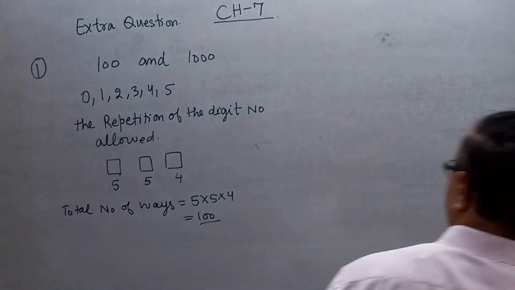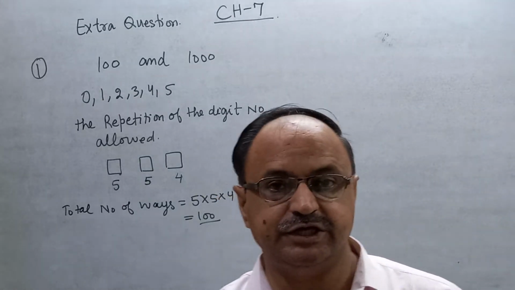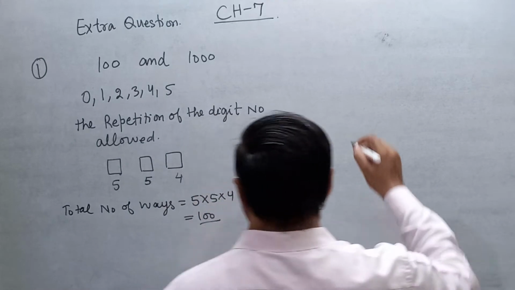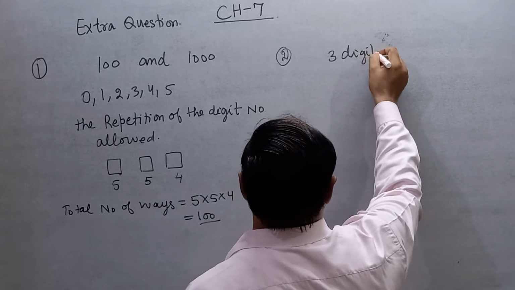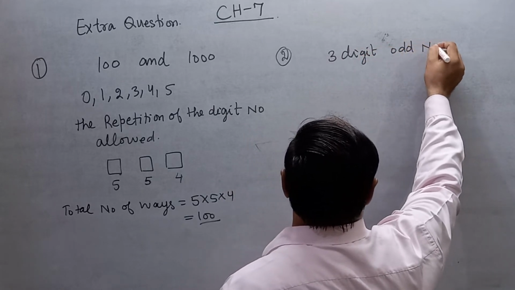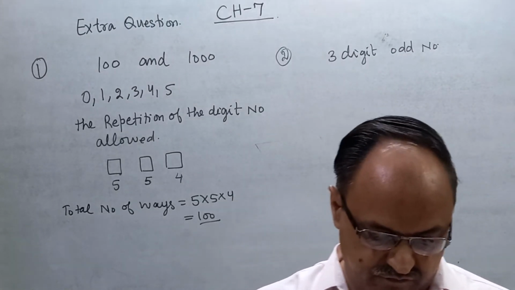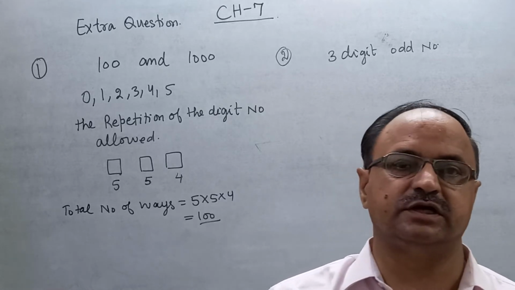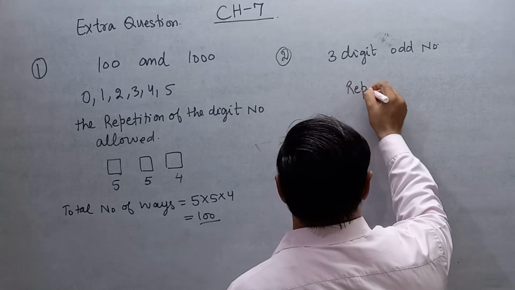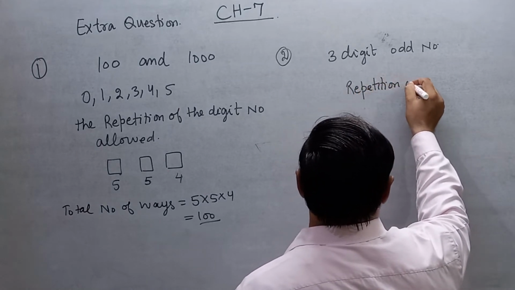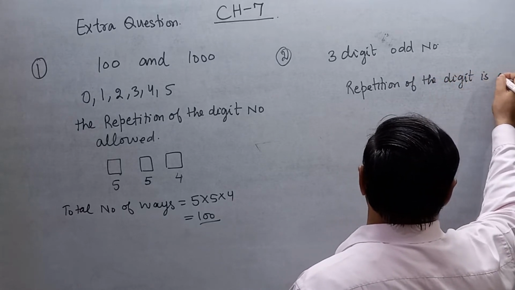Clear? And the next question: find the number of 3-digit odd numbers when the repetition of the digit is allowed.